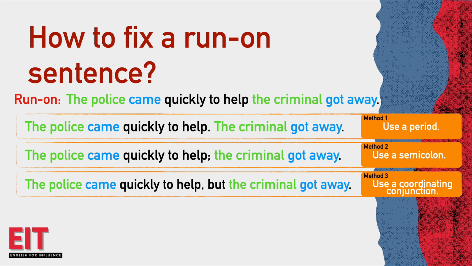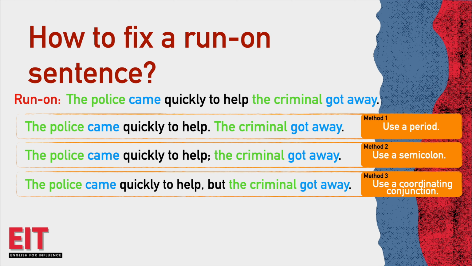So instead of separating our independent clauses, we combine them using a comma and a coordinating conjunction. Remember that. A comma comes before a coordinating conjunction. So this is better than the previous 2 methods, right? Because the meaning is much clearer.